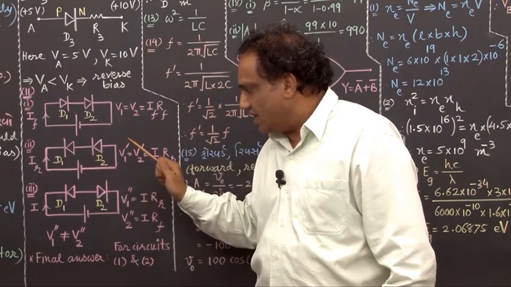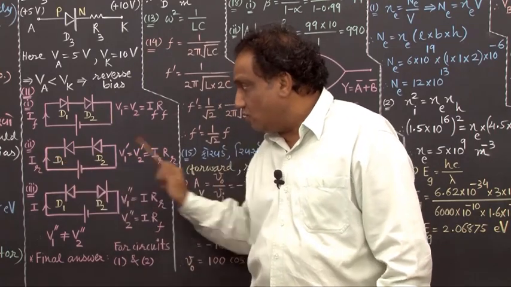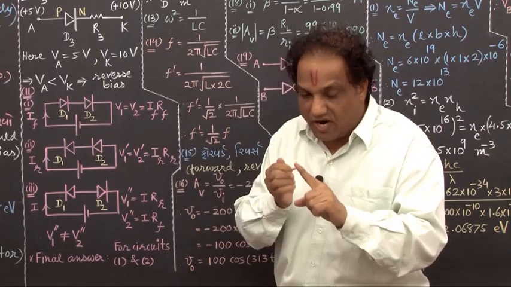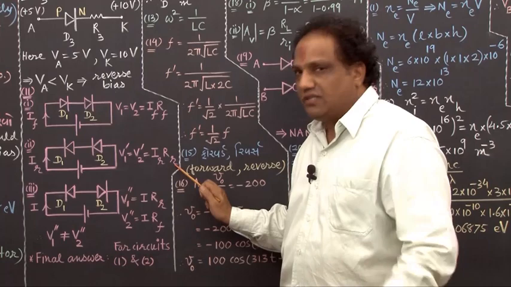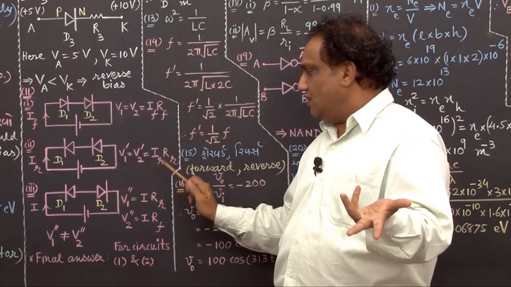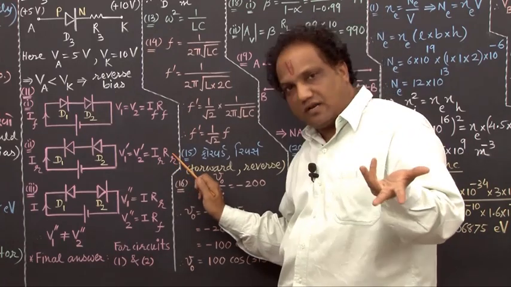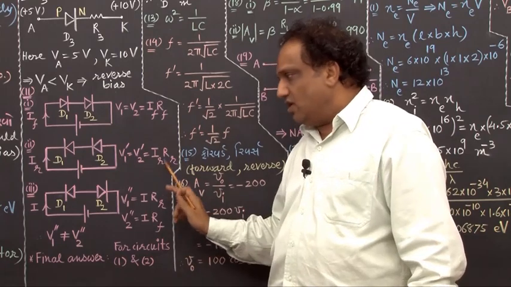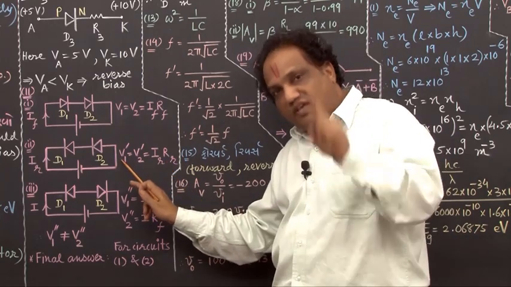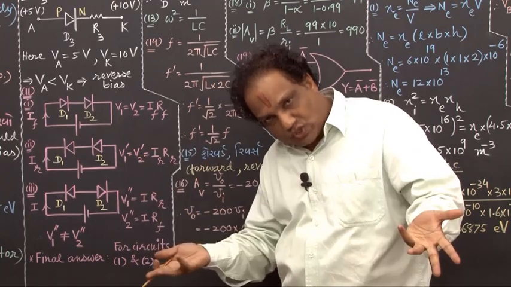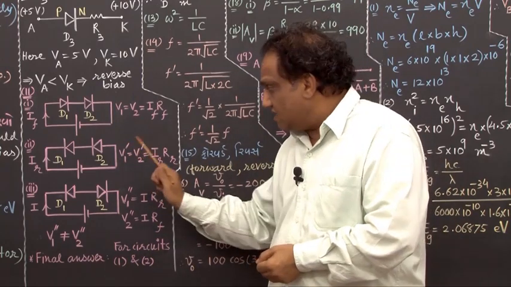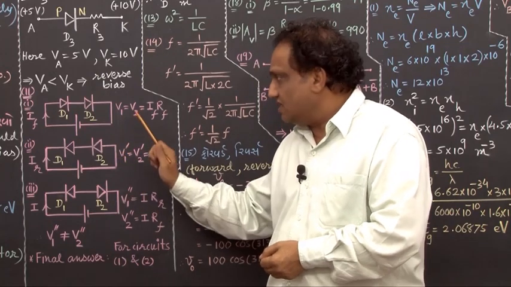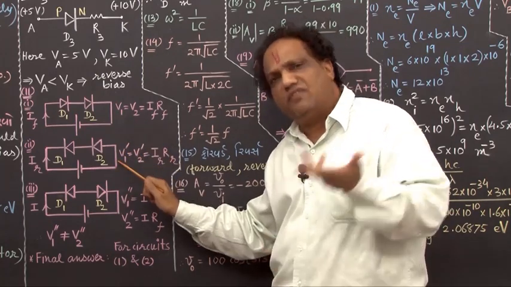And because it is a series connection, the same value of current will pass through both the diodes. And for one diode, if the resistance in reverse bias condition is RR, then what is the voltage drop? It is current into resistance, so it is IR into RR, correct? And the same will be the voltage across the first diode also, the same will be the voltage across the second diode also. So I am writing V1 dash equals V2 dash. Why am I putting dash? Because this voltage value is different than this, so I am putting a different symbol.